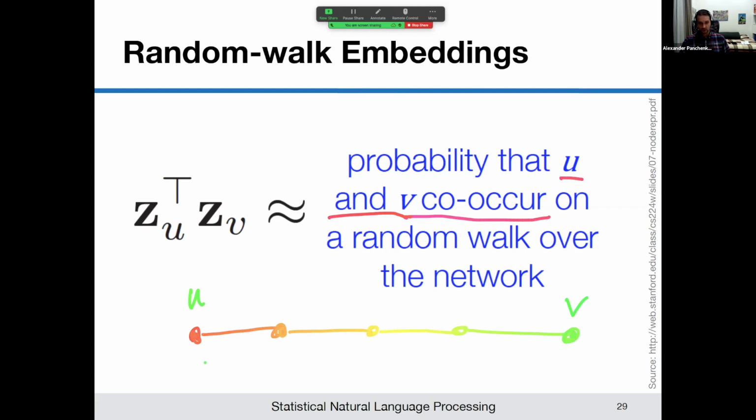If you never observe, let's say, the node K here in any random walk, that would mean that K is supposed to be not connected to U. And this is very similar to what we have in Word2Vec. And so in Walk2Vec we have some kind of a word.